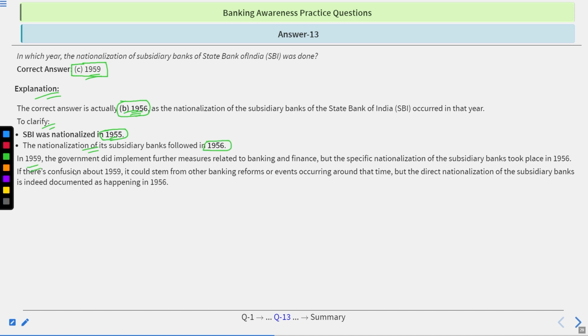But in 1959, the government did implement further measures related to the banking and finance, but the specific nationalization of subsidiary banks took place in 1986. If there's confusion about 1959, it could stem from other banking reforms or events occurring around that time. But the direct nationalization of the subsidiary banks is indeed documented as happening in 1956.